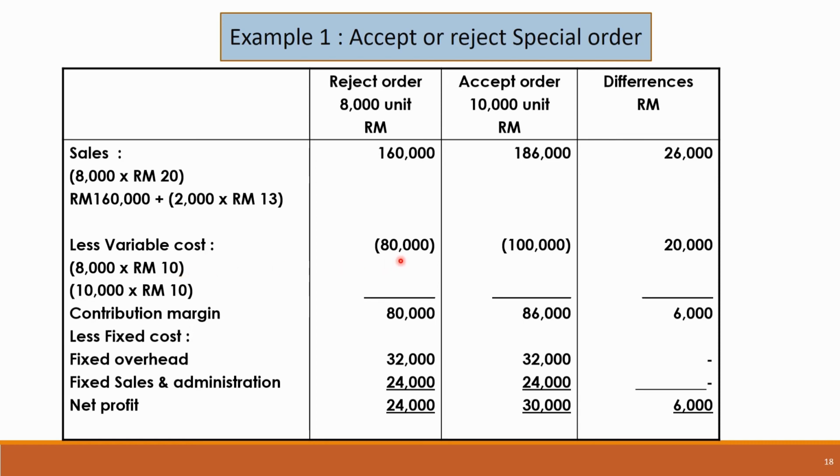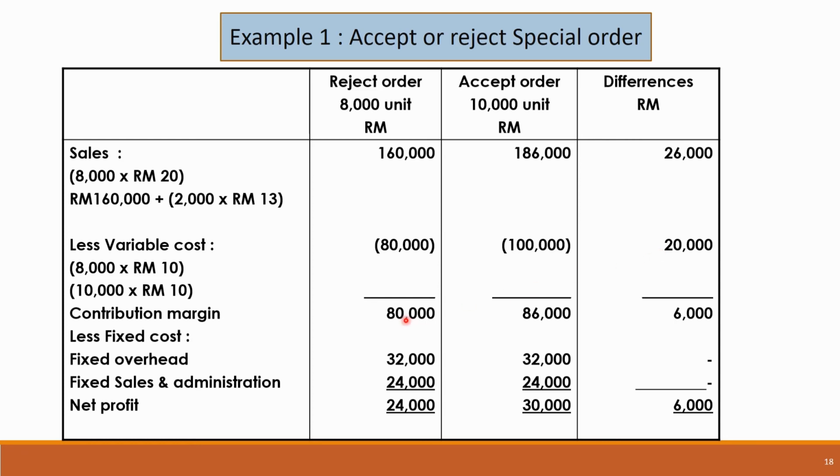And for accept order, we have to calculate 8,000 plus 2,000, so the total is 10,000 units times RM10. RM10 represents direct material per unit, direct labor per unit, and variable cost per unit. The answer is 100,000. So the difference in variable cost between reject order and accept order is 20,000.